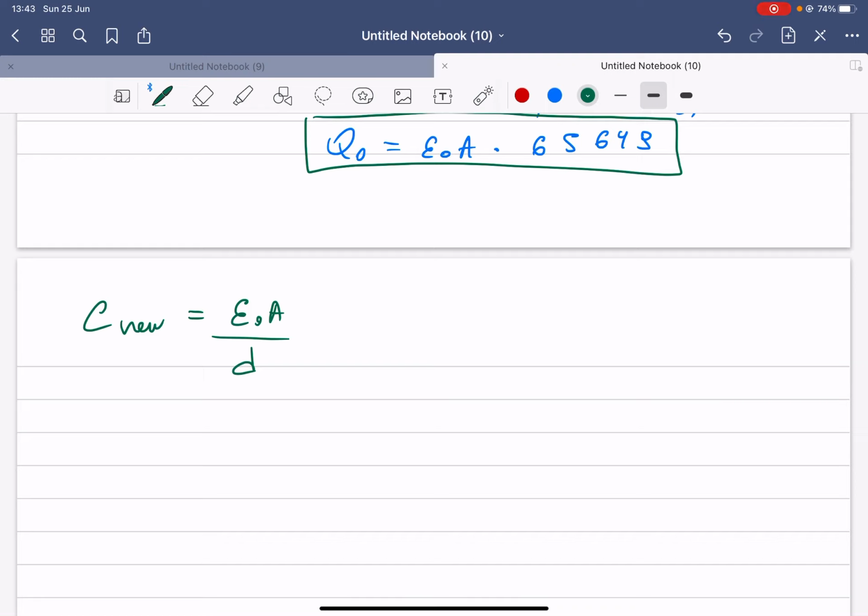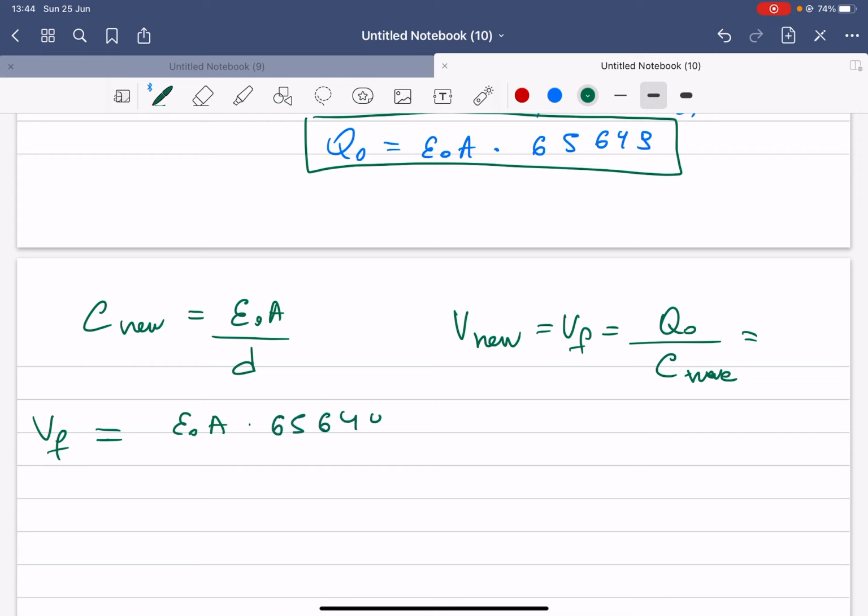To define the new voltage, V new, or in other words V final, when we remove it, it will be Q initial divided by C new, or final. So V final is equal to Q initial, which is epsilon naught area times 65,649, divided by C new.